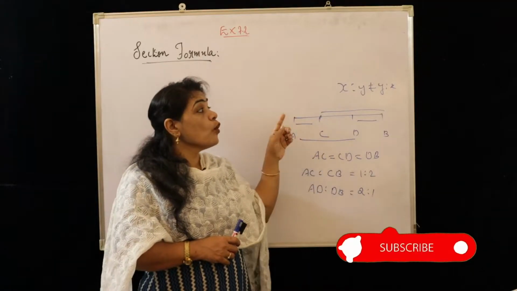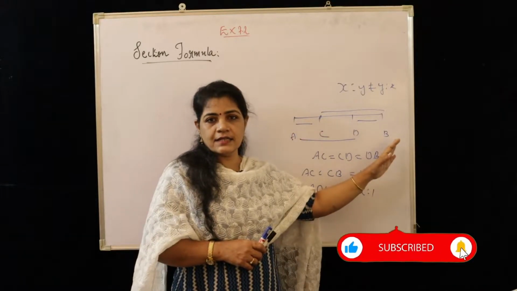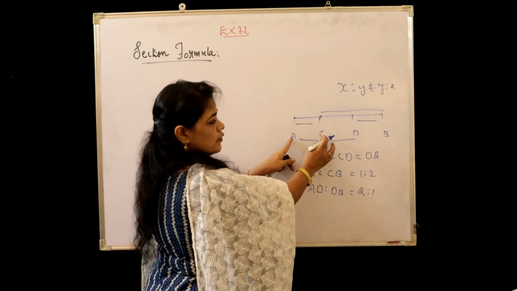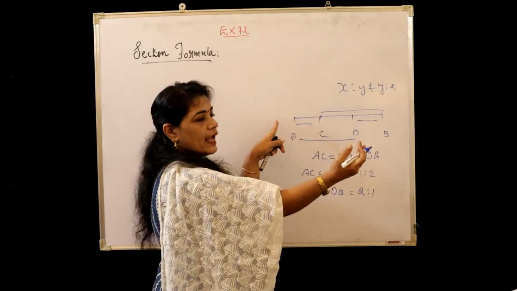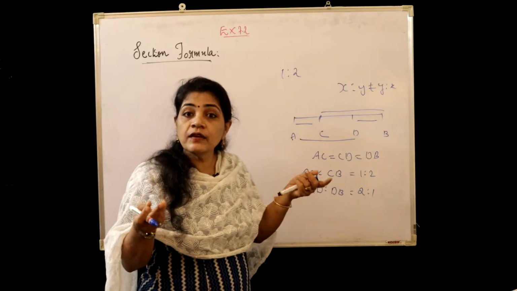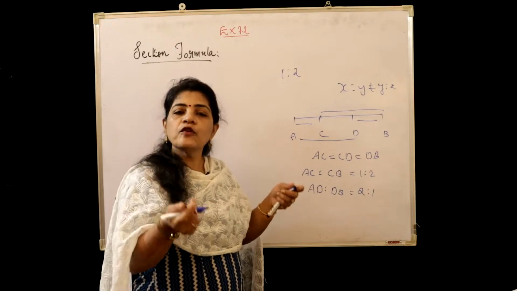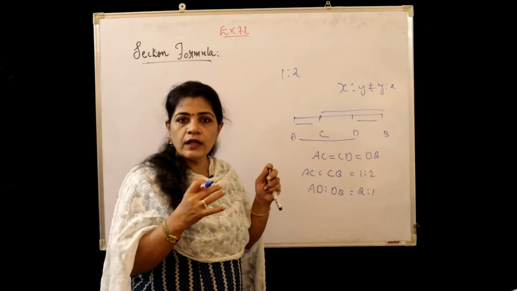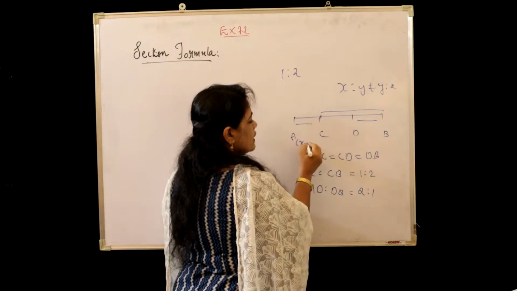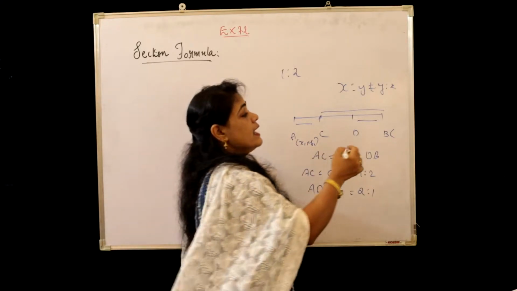We need the coordinates of that point C, which is dividing the line segment AB in the ratio 1 is to 2. From the figure, C divides AB in the ratio 1 is to 2, right? And what we need is the coordinates of that point C. For that you will be given the coordinates of A, let it be x1, y1, and the coordinates of B, the second point, x2, y2.